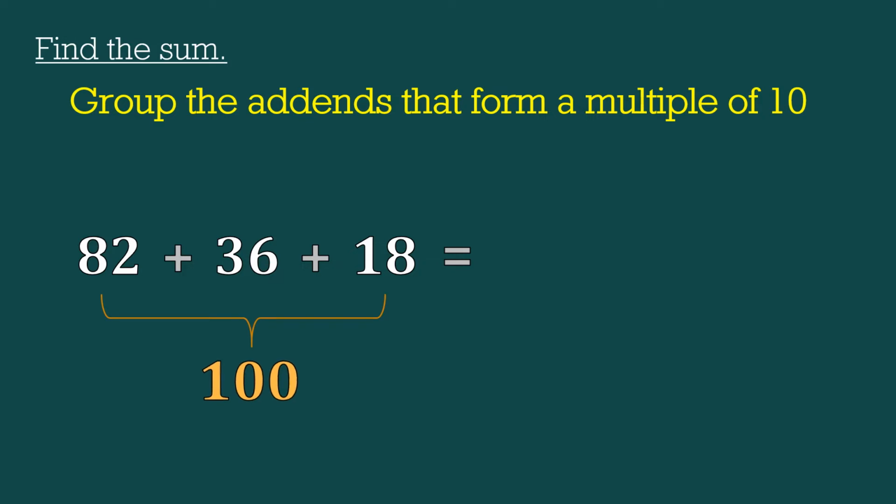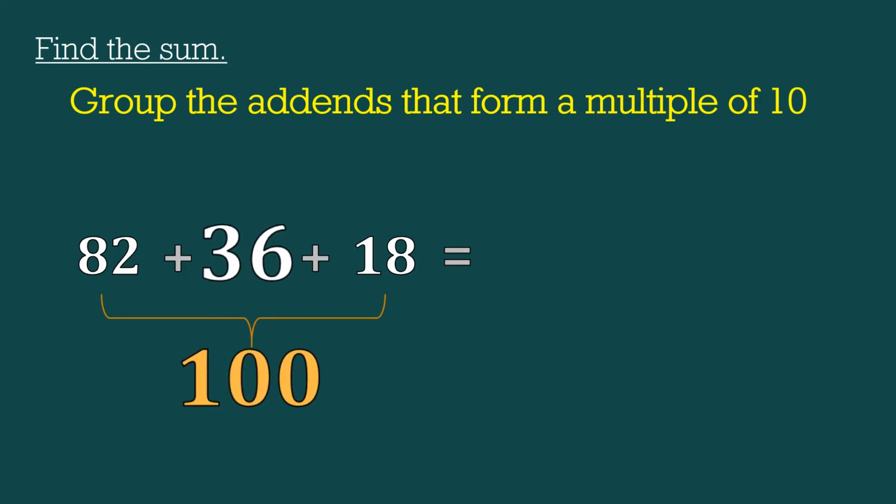So we add 100 plus 36 is equal to 136. So the sum of the addends is 136. Do you find it easy? Fantastic!